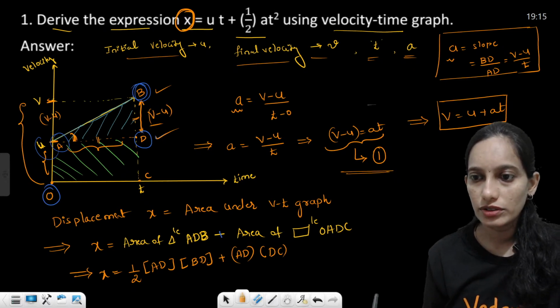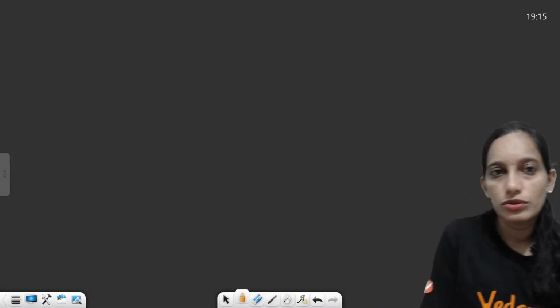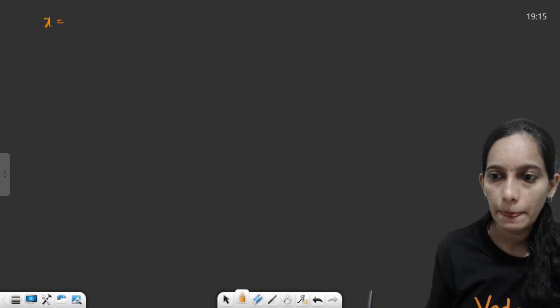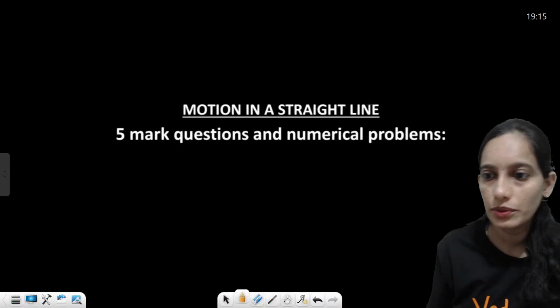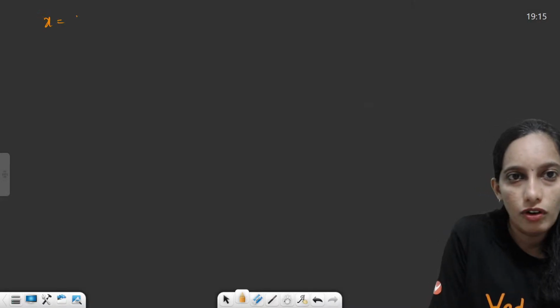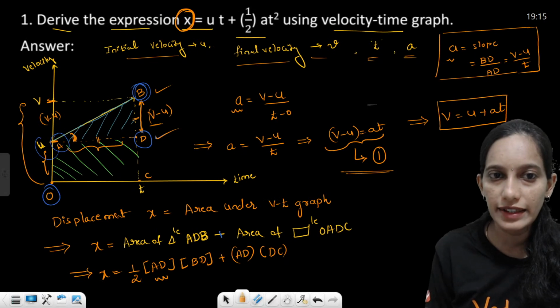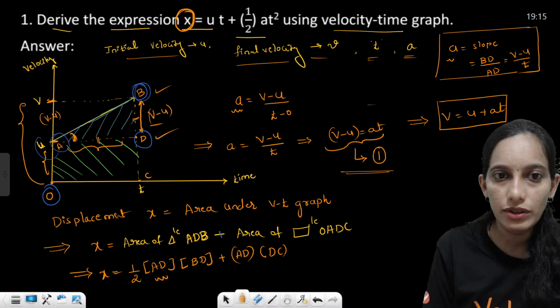So displacement x is equal to half into base into height, where AD is there. AD is nothing but equal to T, hope you agree.